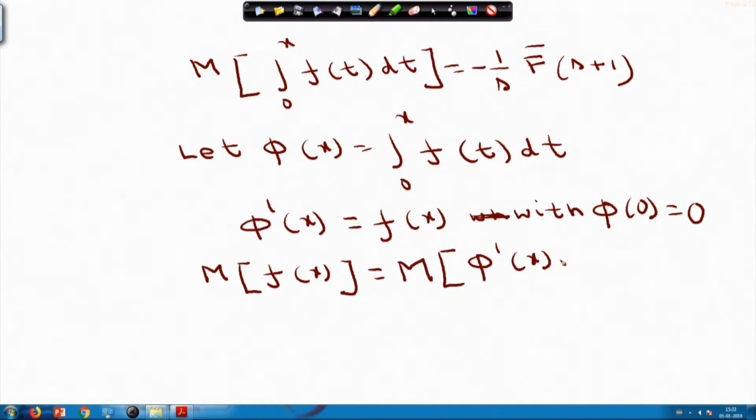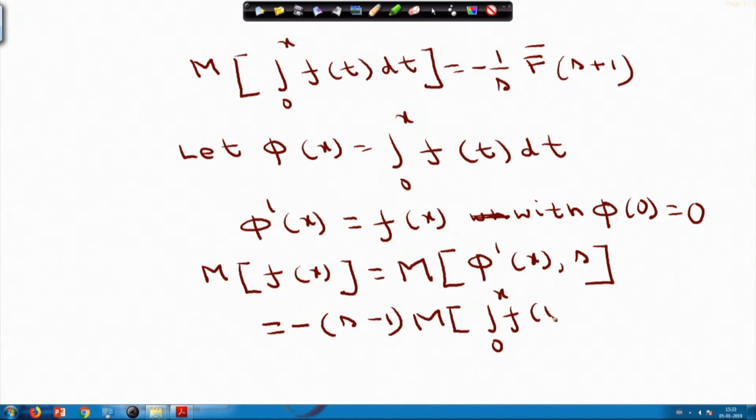So, the Mellin transform of phi dash x, where the variable is s. We are writing the Mellin transform of f(x) equals the Mellin transform of phi dash x, and this equals minus s minus 1 into the Mellin transform of the integral from 0 to x of f(t) dt, but the variable will be s minus 1.